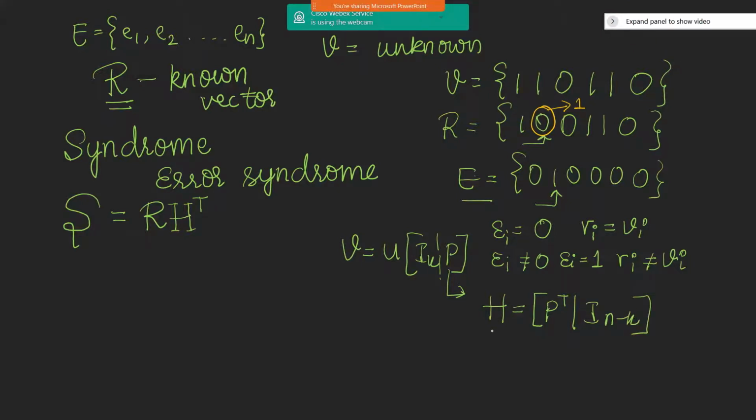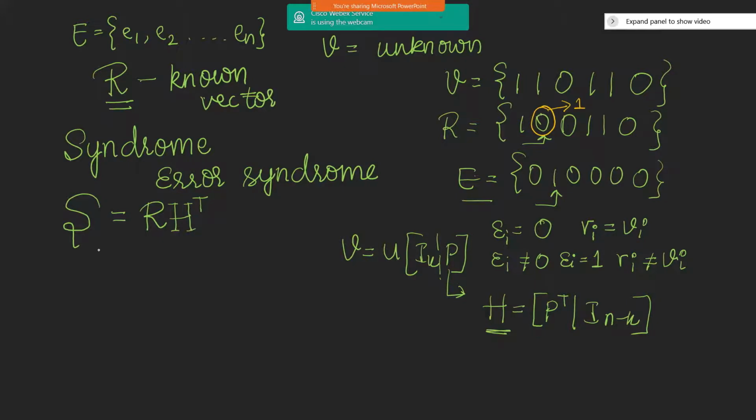So when I multiply the received vector with H transpose, I am going to obtain what is known as a syndrome. This syndrome is going to help us in recognizing the error pattern.